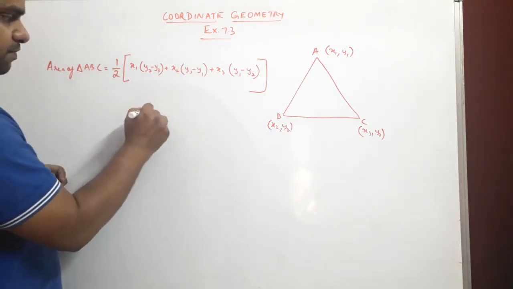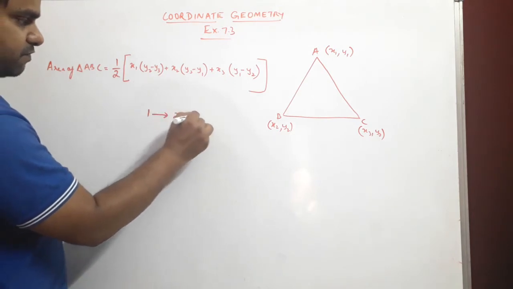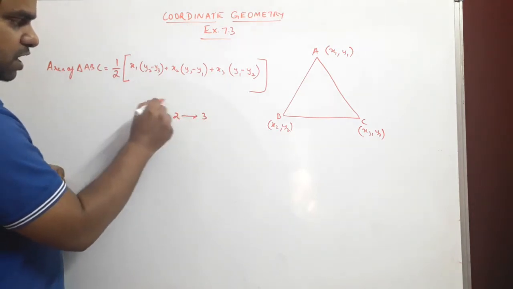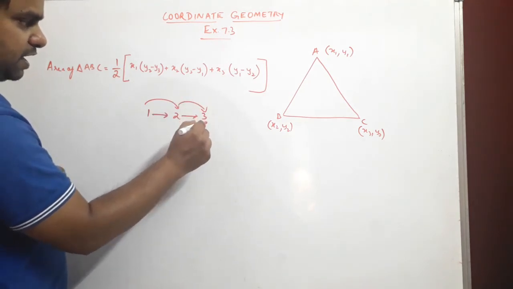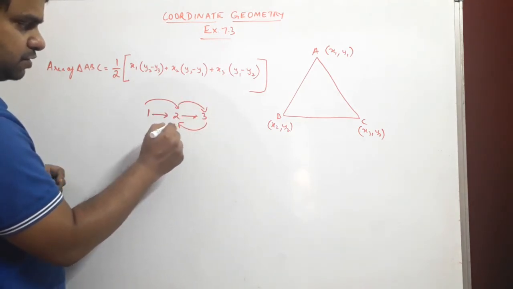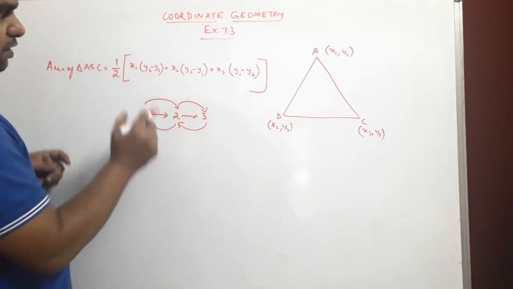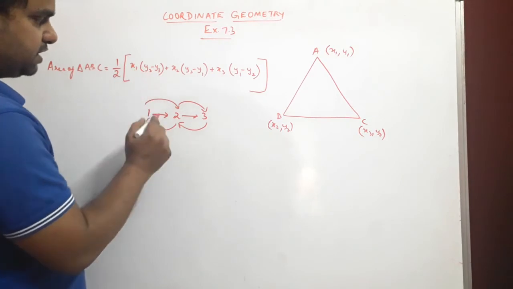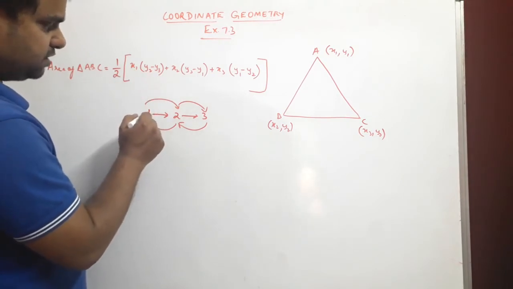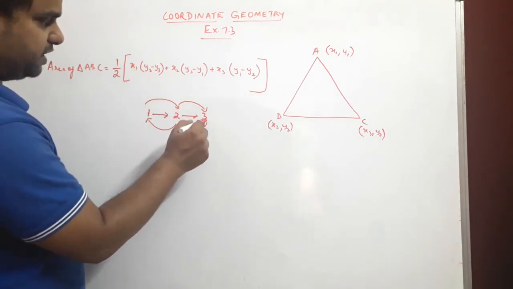So it's 1 to 2, 2 to 3, and then it comes back 3 to 2, 2 to 1. So have a look. When it is as x1, so when x is here, it is y2 minus y3.